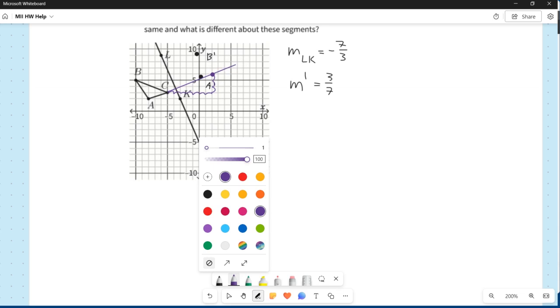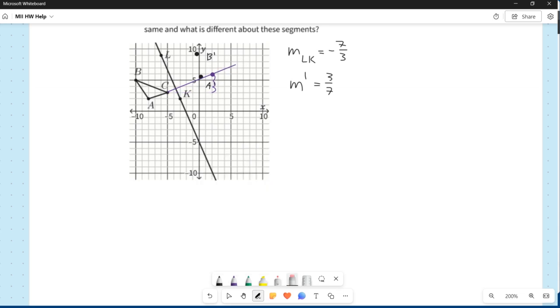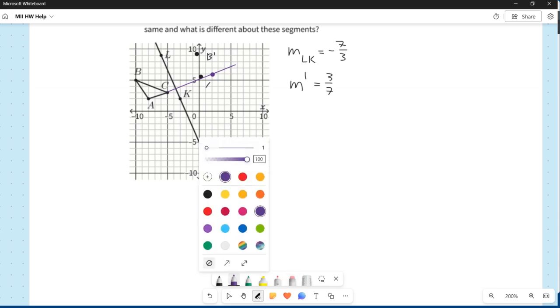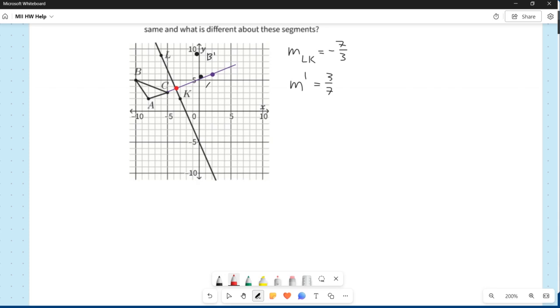And I know that C prime is going to be on that line, and the distance from C to LK is going to be the same distance from LK to C prime. It's going to be somewhere on that purple line.